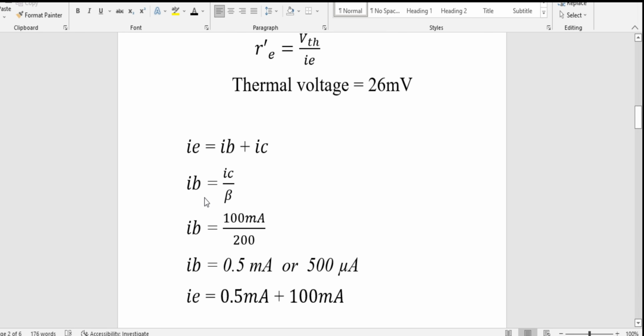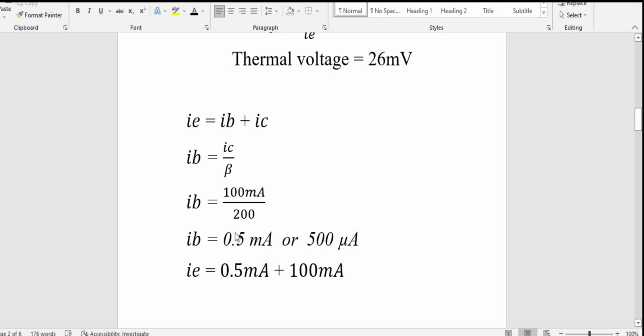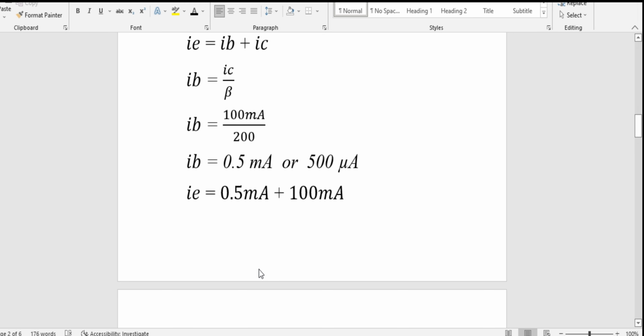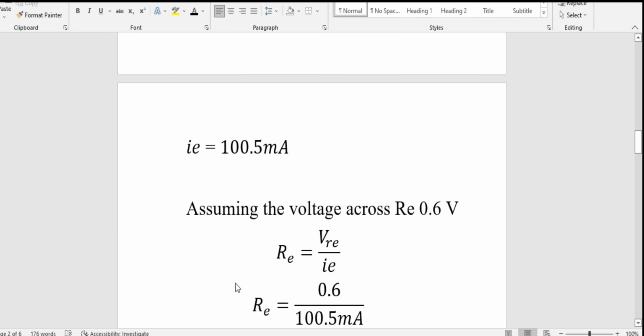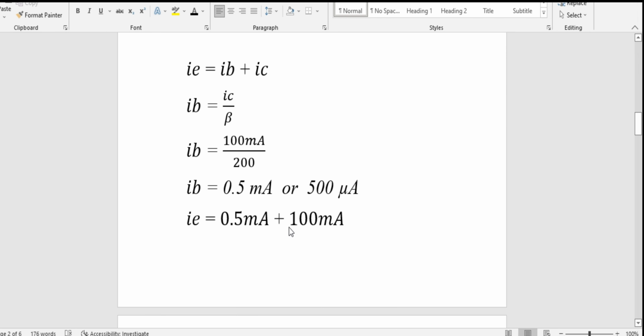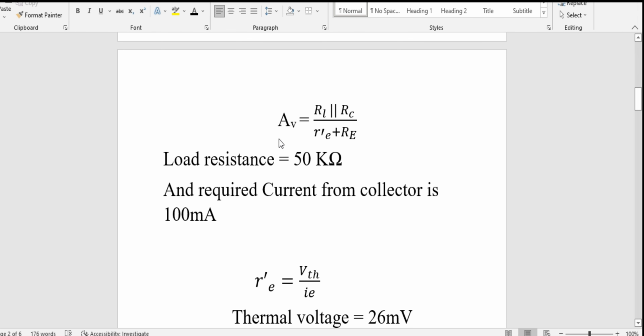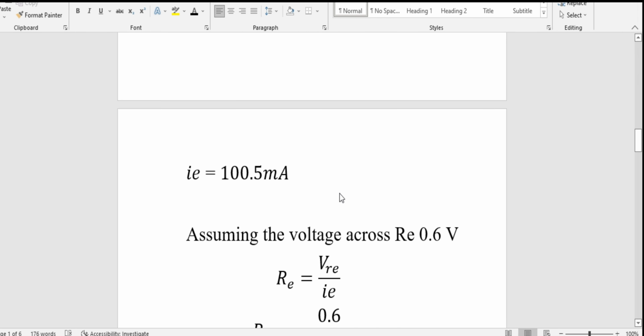After this IB is found, which becomes 0.5 milliampere or 500 microampere. After that IE is found as 0.5 plus 100, 100.5 milliampere, and after finding it we can easily find RE' and RE. How? Let's see.